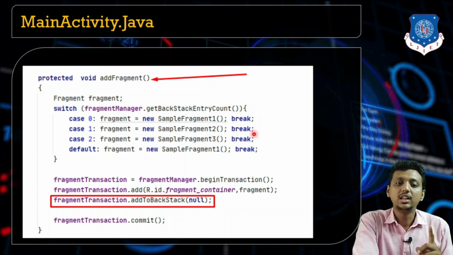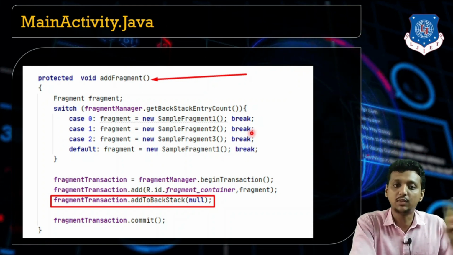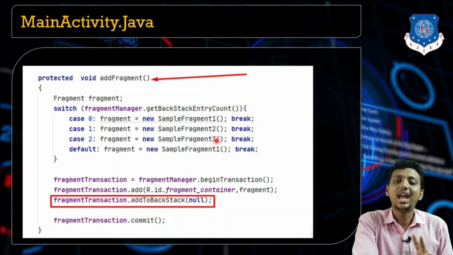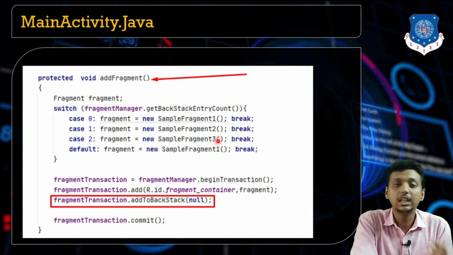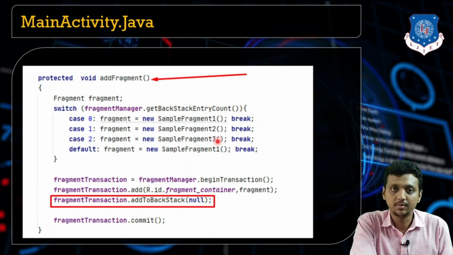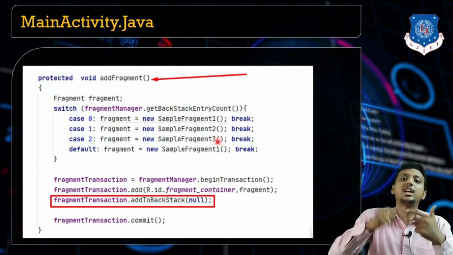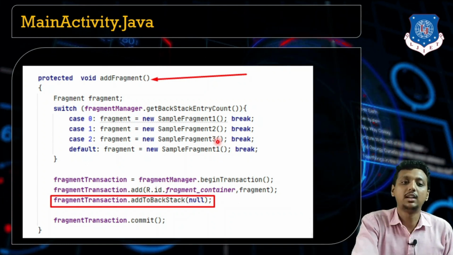Case number 2, if it is case number 2, that means 2 fragments are already added into the backstack. Then we just need to add fragment number 3. And what happens if all 3 are created? Then we are just repeating fragment number 1 again and again. That means the backstack count is incremented. So do not worry about it. How is the backstack count incremented?